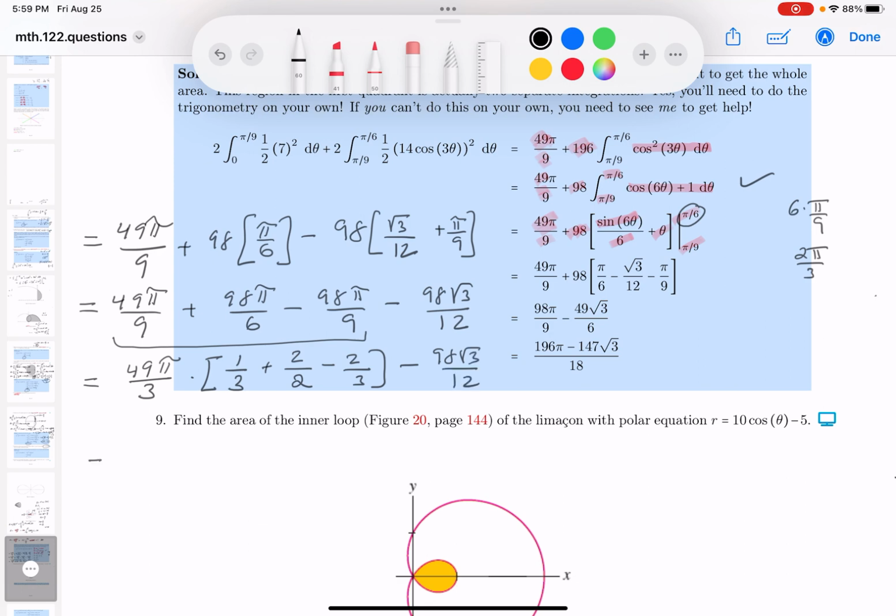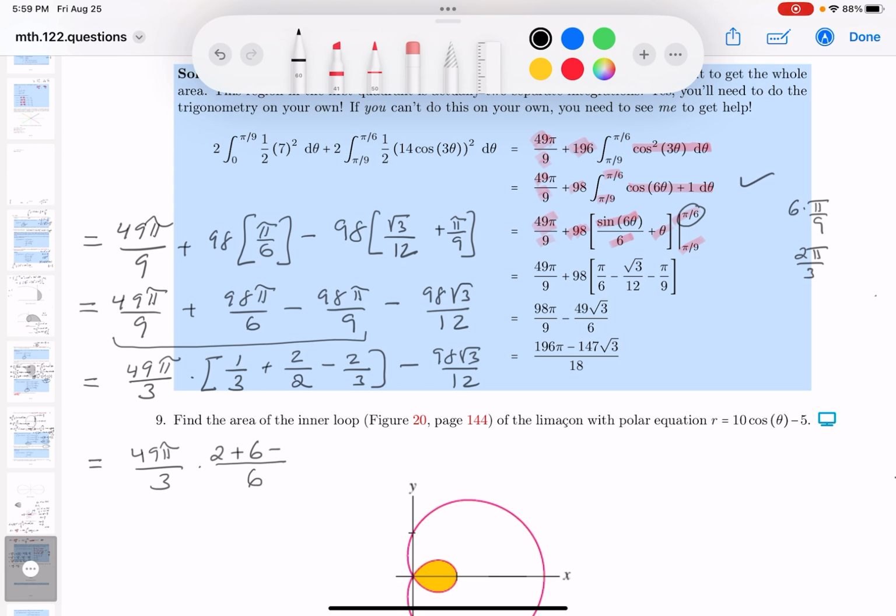I'm still working on the first term. 49 pi over 3. And I'm going to say the common denominator there would be a 6. And what do you get? You would get 2, because 2 times 3 is 6, 2 times 1 is 2. 3 times 2 is 6, and 3 times 2 is 6.